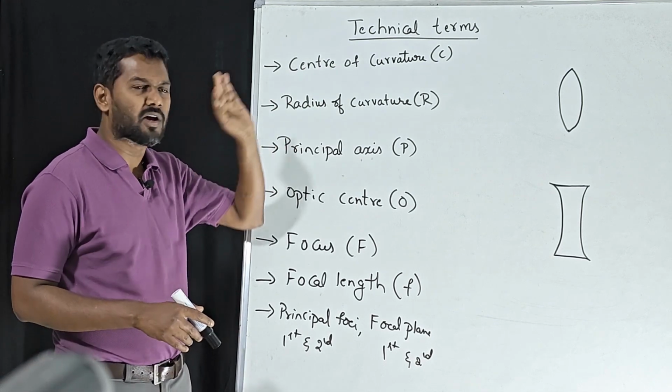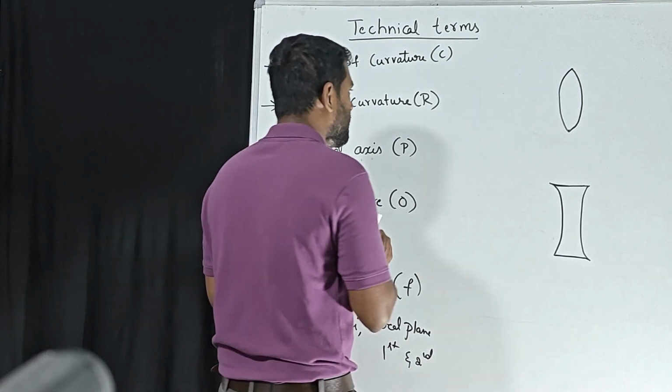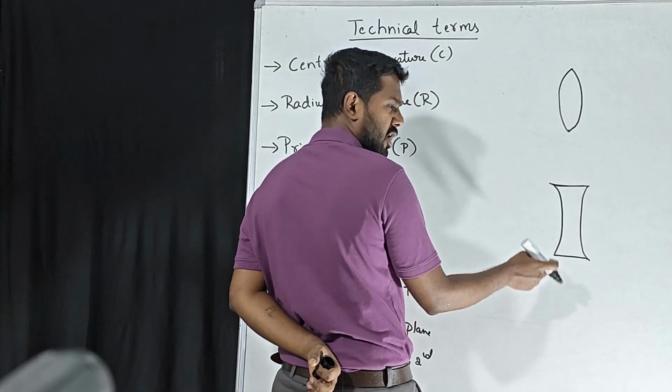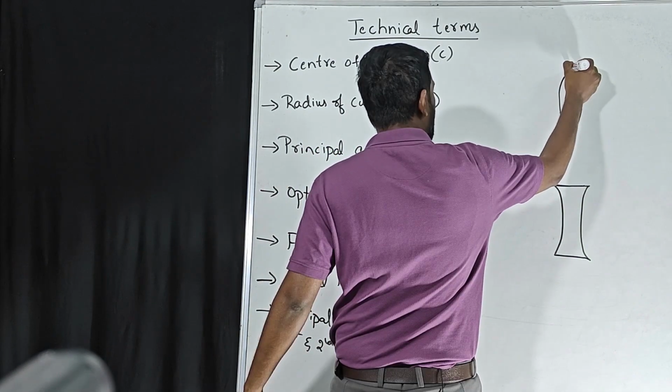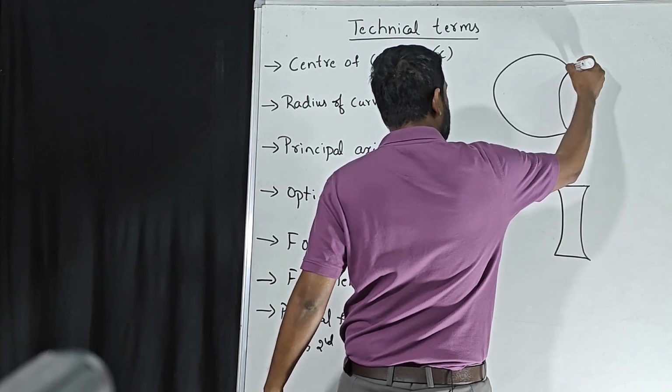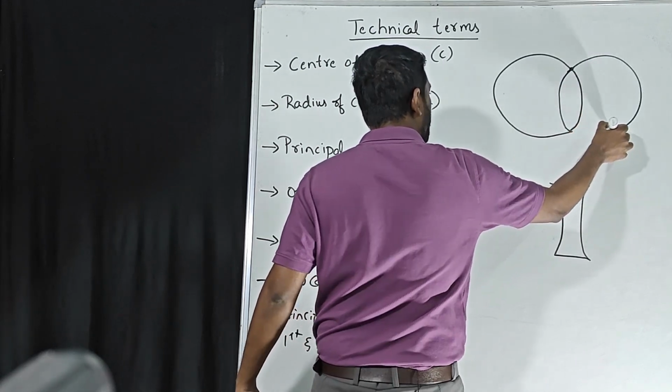Listen, center of curvature. Center of curvature is very simple. When you take any lens, convex or concave, from this point we can get one spherical lens. In the same way, from this point we can get one more, correct?